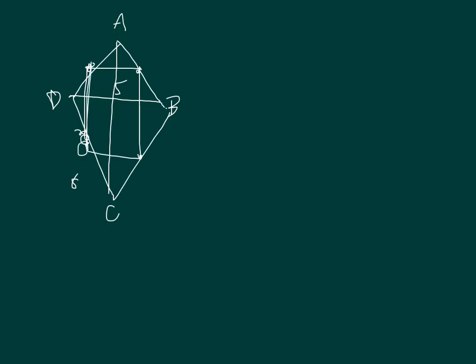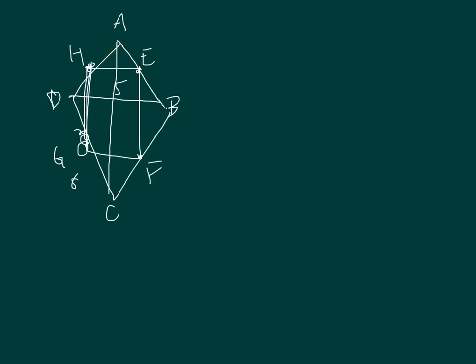Let's call it E, F, G, H. What would be the length of EF? That's going to be half of AC by the midline theorem. And we know AC is 8. Therefore, EF has to be half of that.